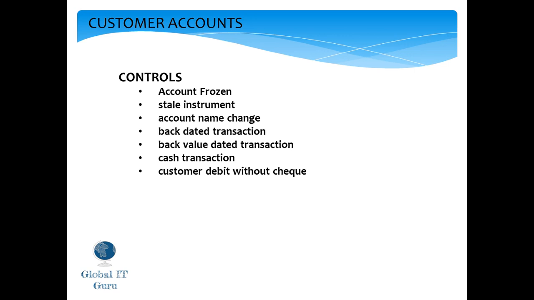Instrument facility we have. Account name change, back date transaction, back value date transaction, cash transaction, customer debit without check. These are the controls we can manage at the scheme level.